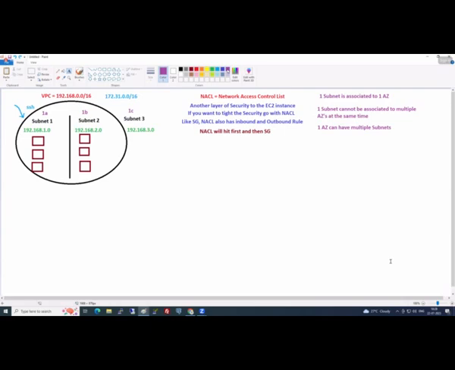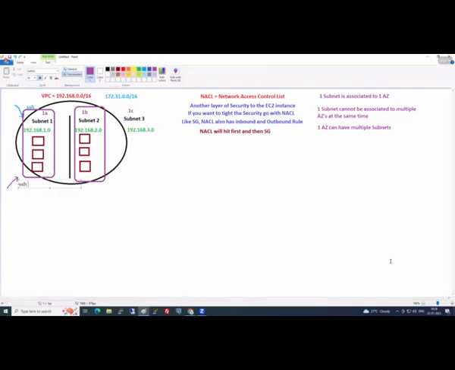And a very good thing is, NACL is not EC2 instance level. NACL is the whole subnet level. NACL is assigned on the subnet level. So can I go ahead and, in this NACL, do an SSH deny?